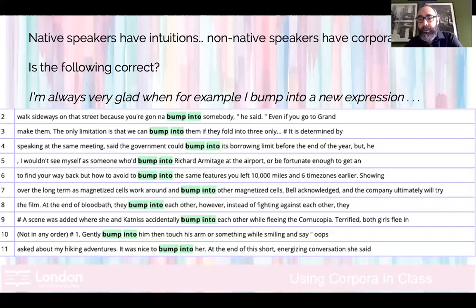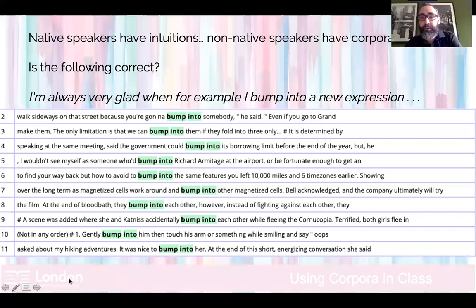So as you see here from corpora, you would say that you usually, not always though, bump into people, but not non-entities like expression, let's say. But it's very interesting. Is this a native or non-native speaker?